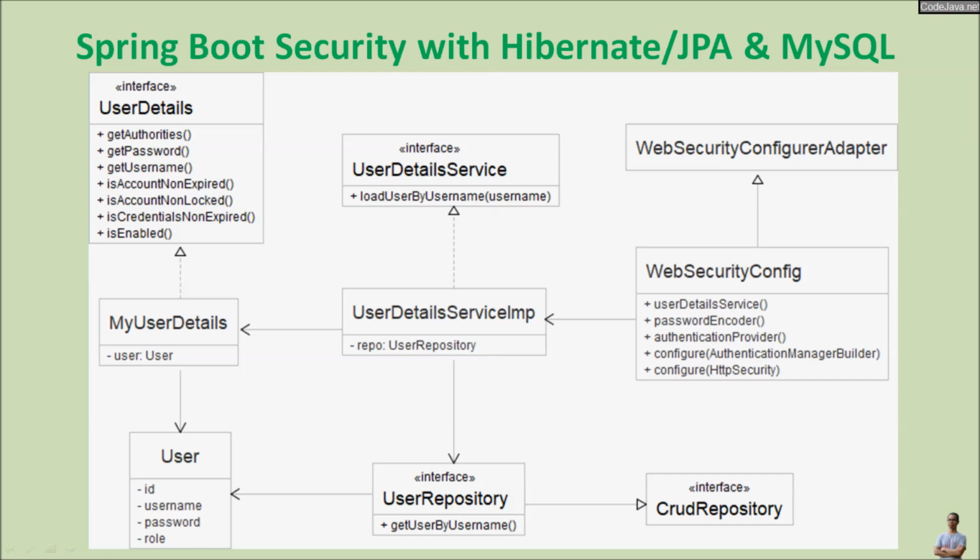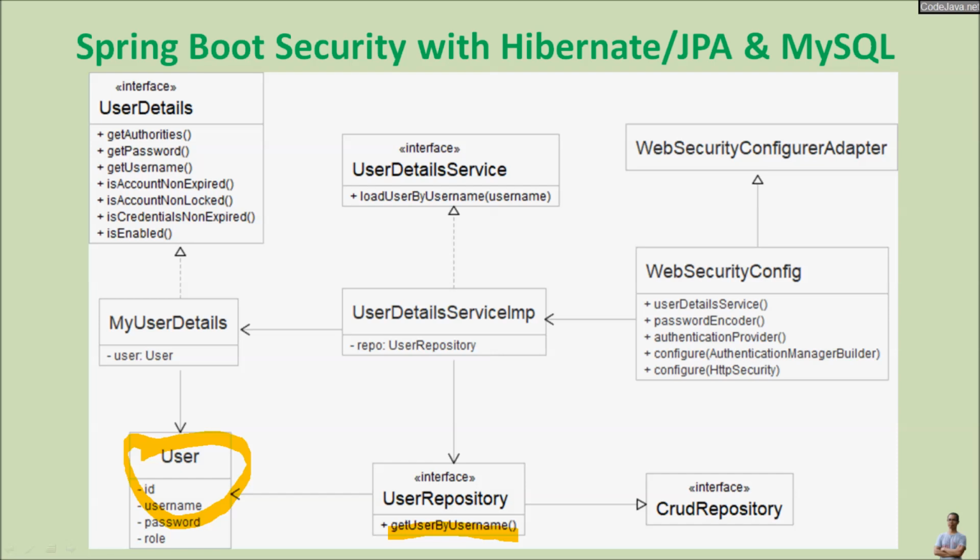This is a class diagram. First, for the data access layer with Spring Data JPA, we need to code the model class User to map to the users table in the MySQL database. And then we need to code the UserRepository class and specify a JPA query to get user by username to authenticate, to log in the user.